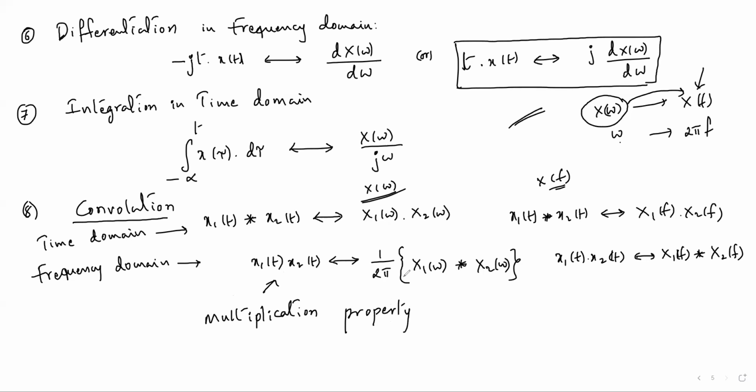And one common thing you can observe is one domain multiplication, other domain convolution, or this domain convolution, in that domain multiplication. Fine. Note it clearly.